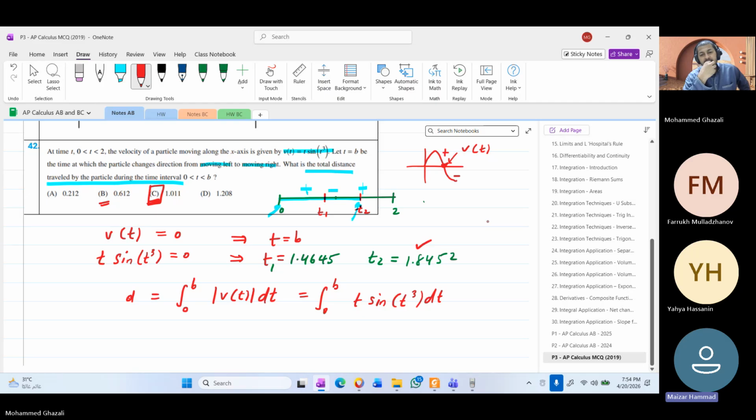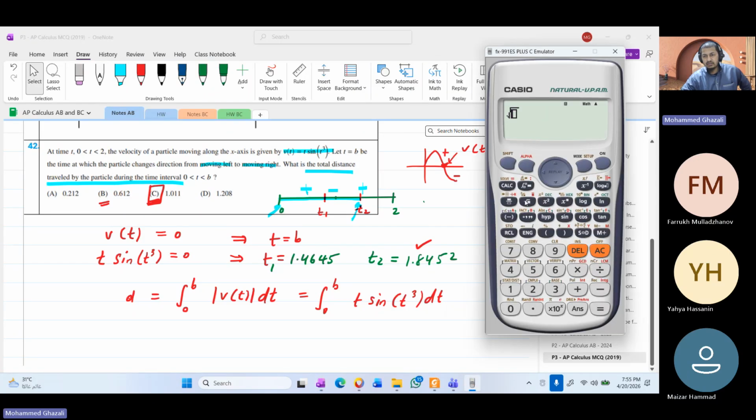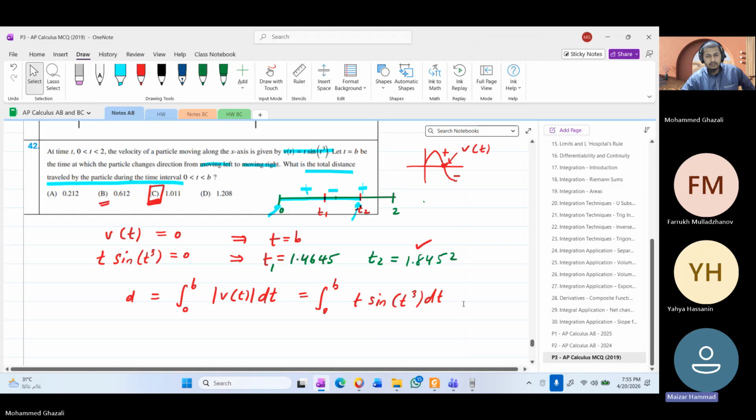So then I just integrated the function from 0 to root pi. What is root pi? Square root of pi is 1.7724. We don't even have a b value of 1.7724. I don't know, but I did that and I got 1.011.